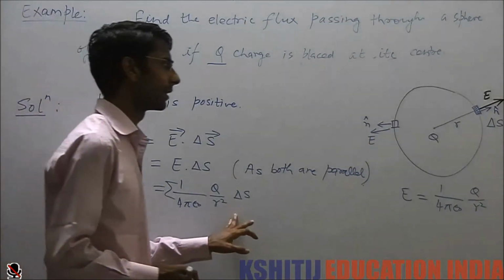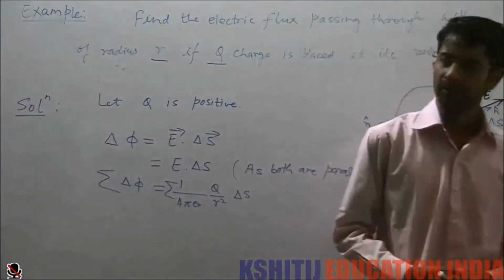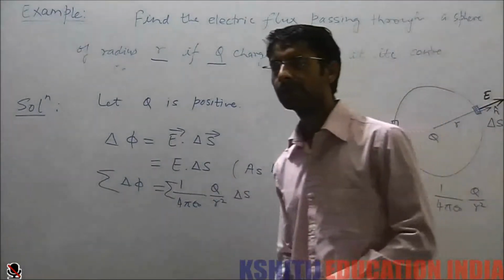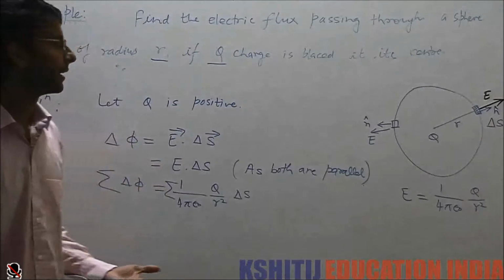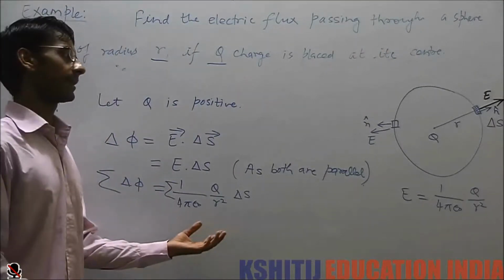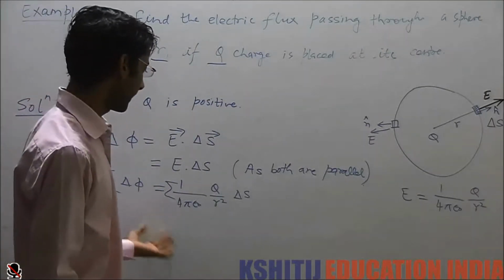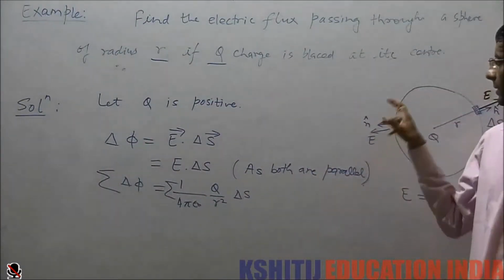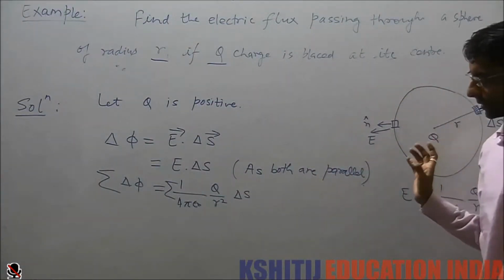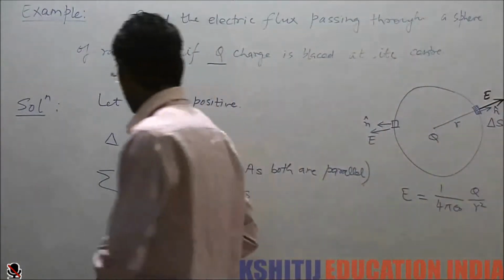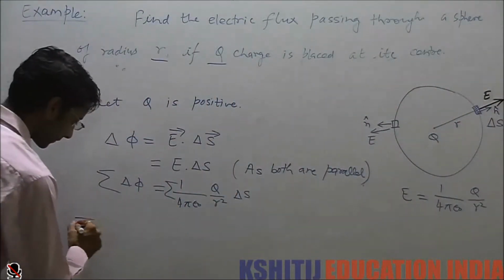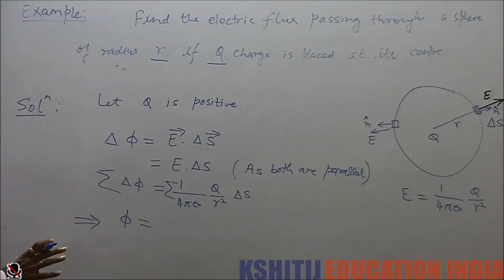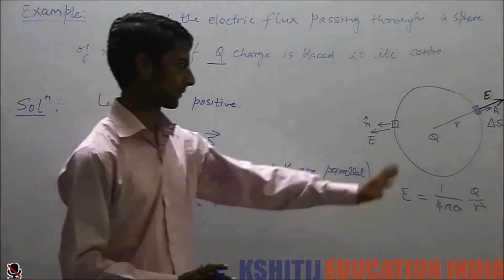Adding all these things is synonymous with integrating all the elements. Integration is just the next step, an extension of the addition of these differential terms. So this will give us phi, the flux that will pass through this sphere.